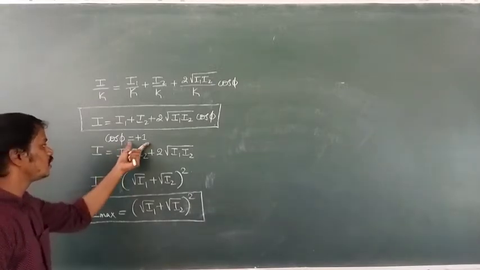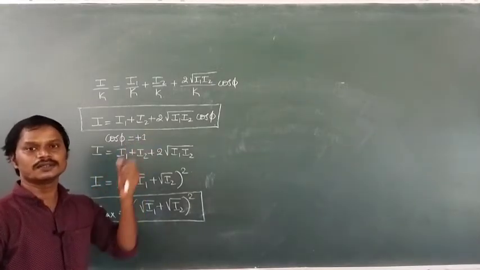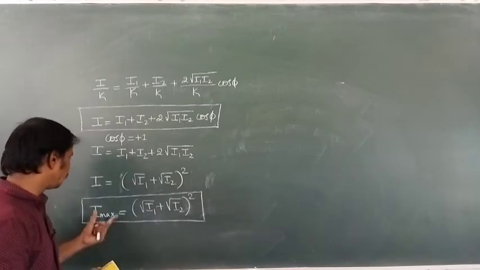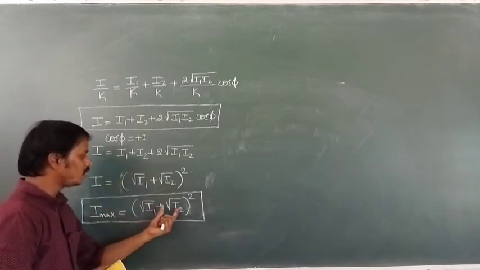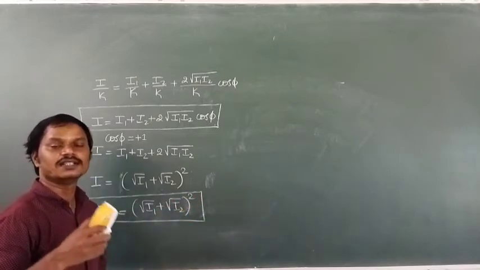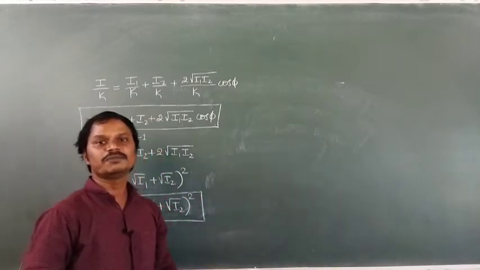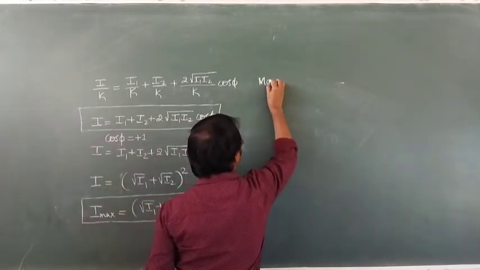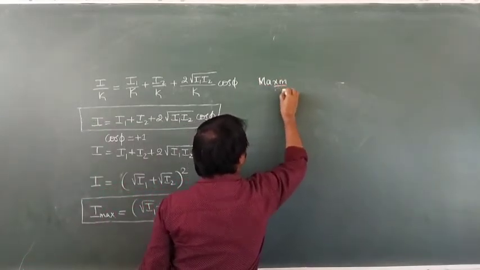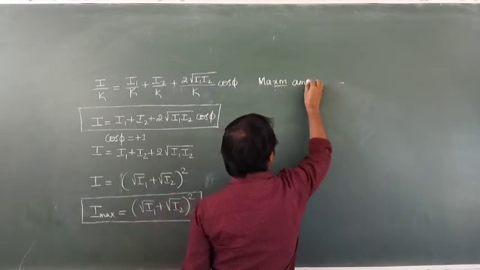Now in case of constructive interference, cos pi is plus 1, and the maximum intensity is root I1 plus root I2 whole square. Then what about the maximum amplitude?